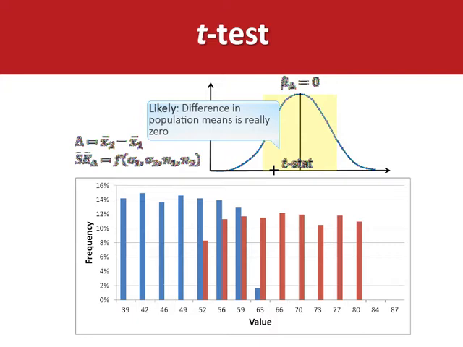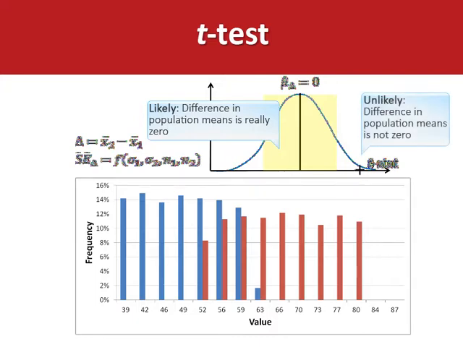And in that case, we can't really conclude that the two samples are different. Or, in contrast, the t-statistic is going to fall outside the confidence interval. And we see this as a very unlikely outcome given our assumption of 0 difference between the sample means.